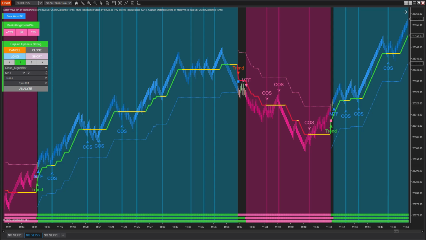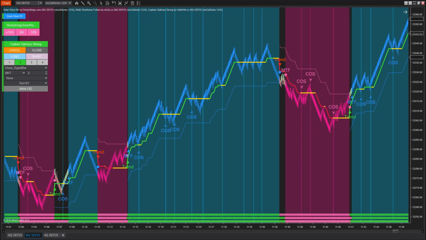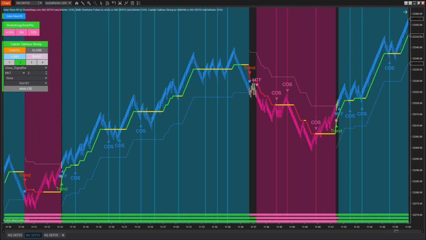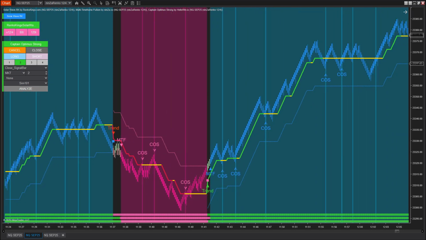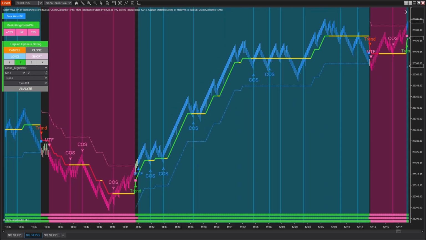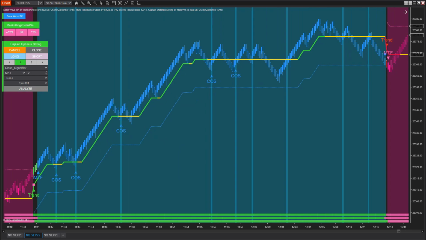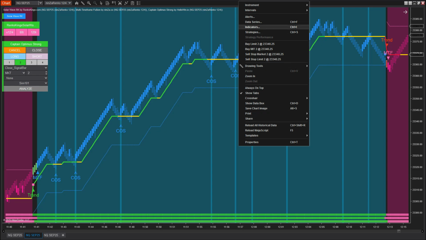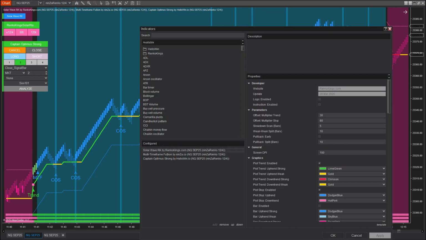Next, let me explain the "# of signal per direction" feature so you can get a clearer idea of how it works. This setting controls how many consecutive buy or sell signals Captain Optimus Strong will take. For example, right now you can see Captain is taking 5 consecutive buy signals. But if you change this setting to 3, then Captain will only take up to 3 buy signals in a row.